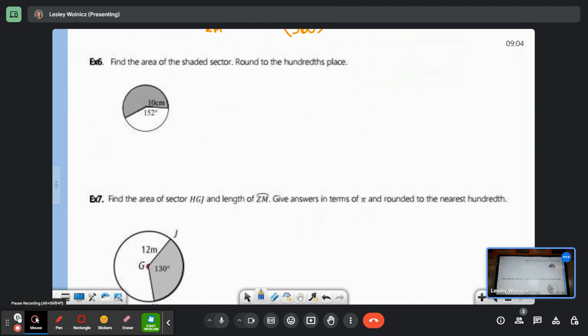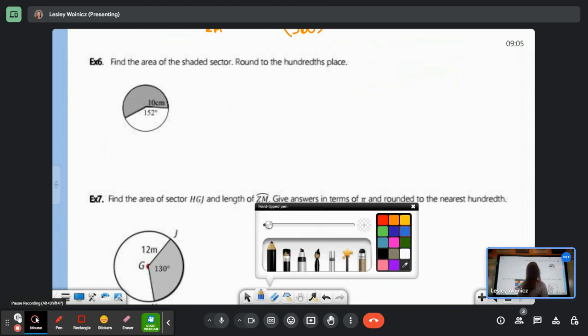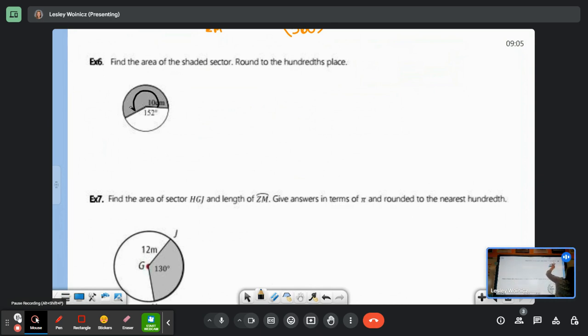Okay, now we want the shaded sector. Did they give us the measure of this central angle? They gave us the other one. So what do we have to do to find the angle for the shaded sector? Yep. So if we want to find this angle, we have to take the 152 away from 360.